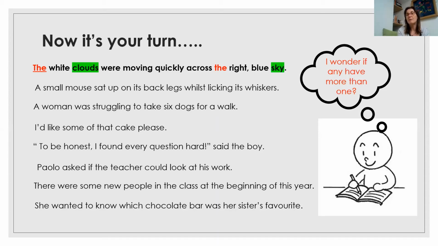Let's do one example together before you have a go by yourself. The white clouds were moving quickly across the bright blue sky. The white clouds. What's the noun in that sentence? We have the word clouds. That's a thing. It's a common noun.